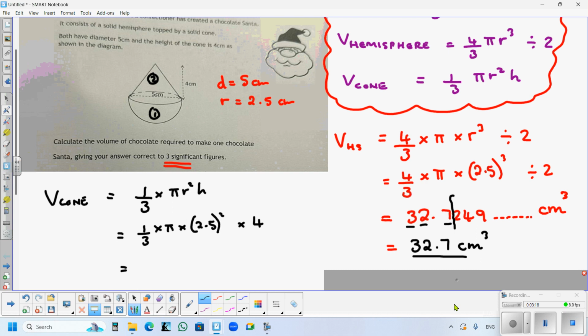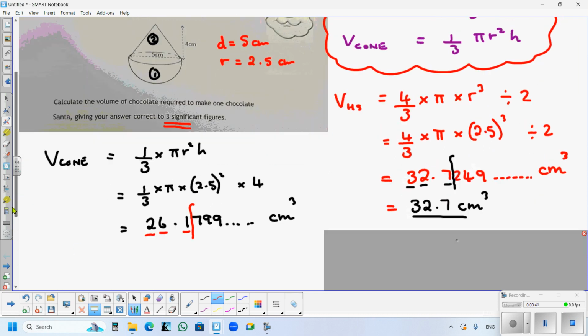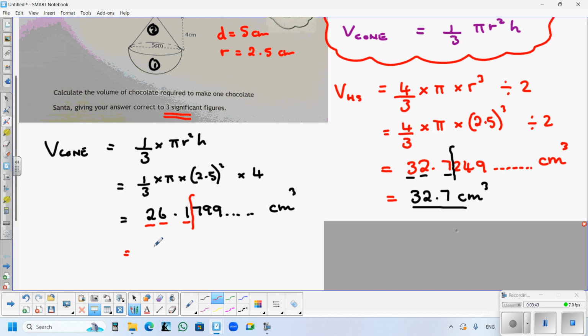So we're going to put all of that into a calculator. When I've put that into my calculator, I get 26.1799, and it goes on and on. Units are centimetres cubed. Again, 3 significant figures, underline the 3 figures starting from the biggest one. We're rounding it to there. When I round that to 3 significant figures, it's 26 point, it's a big 7, so that makes that jump up to a 2.